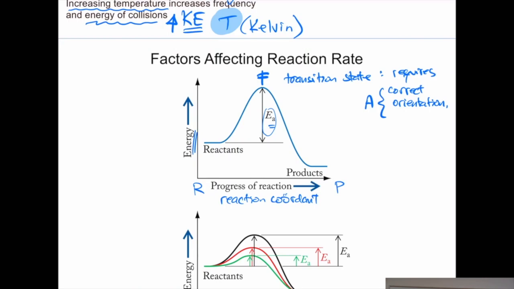But once you're there at the top of the hill, you can roll backwards and form reactants again, or finally, you can go forward, fall forward, and turn into products. So if you don't have enough energy in the system, you're never going to make it to the top of the hill. Once you're at the top of the hill, now you can resolve either way, because whether you resolve backwards or forwards, you're going to come back down to a lower energy level.